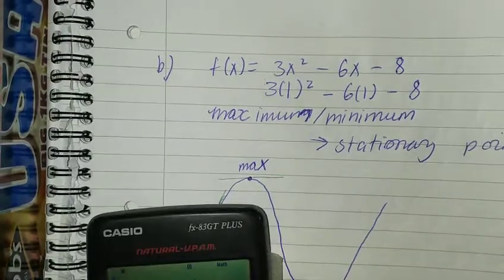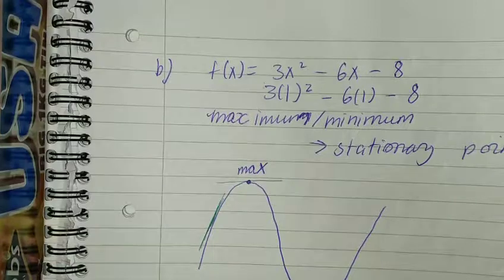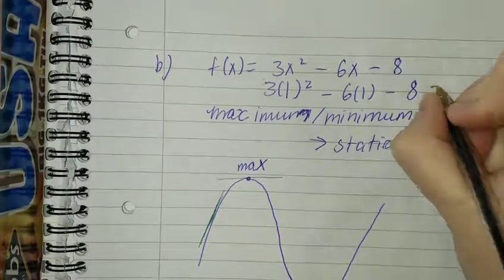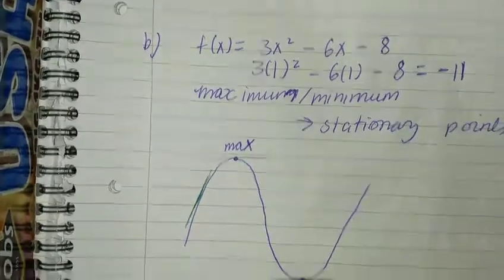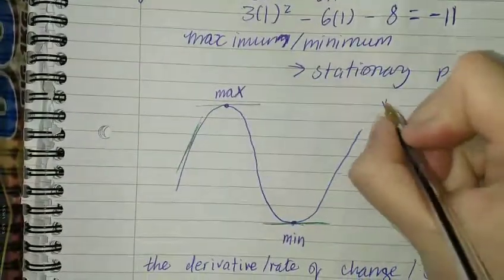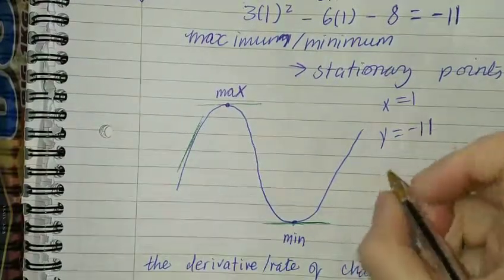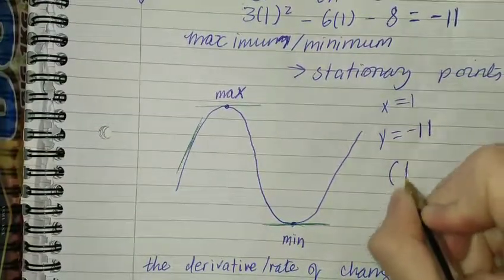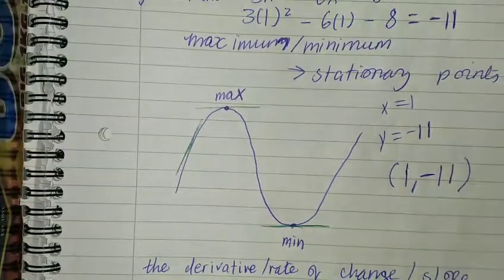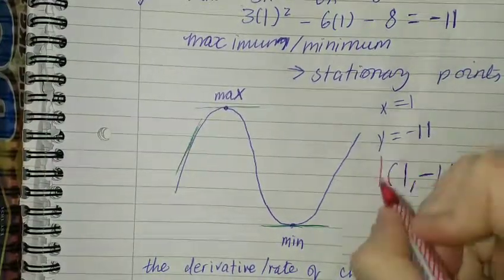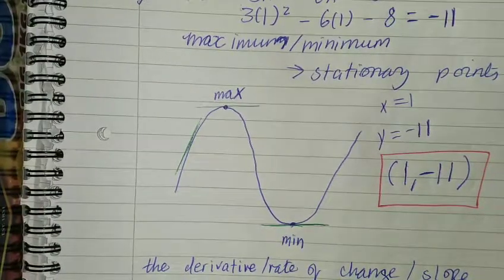So that's 3 take 6 take 8, and that gives us a value of minus 11. So our x value was 1, our y value is equal to minus 11, so our coordinates are 1, minus 11. So that is our answer for our minimum point for that question.